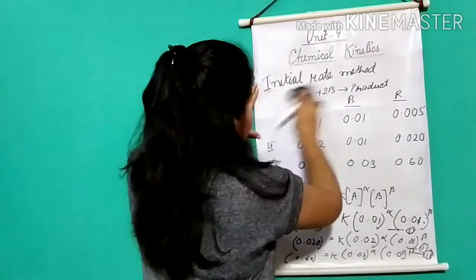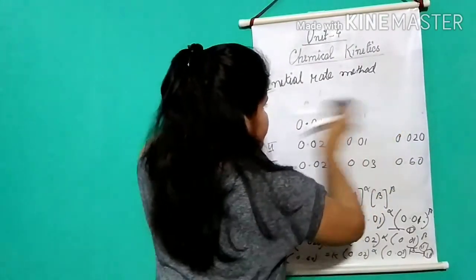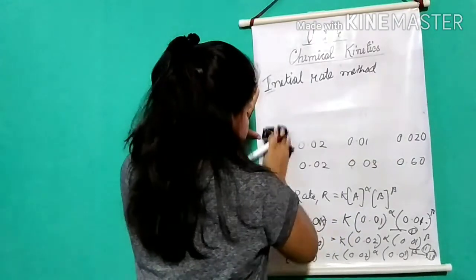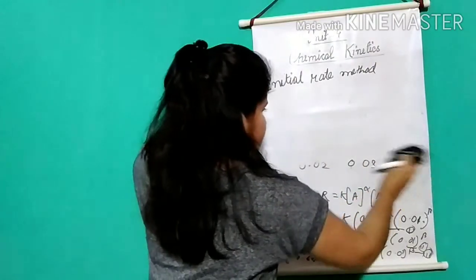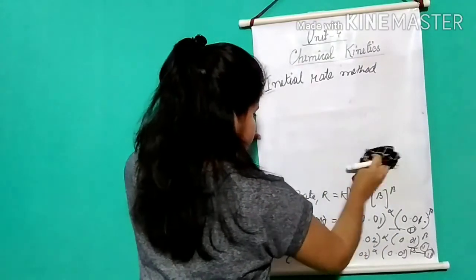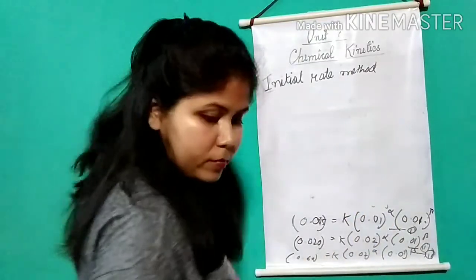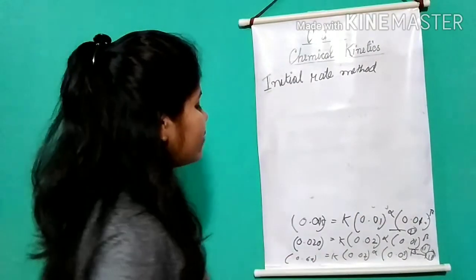Now what to do? Wait, I'm showing you. Now we need to determine the values of alpha and beta.